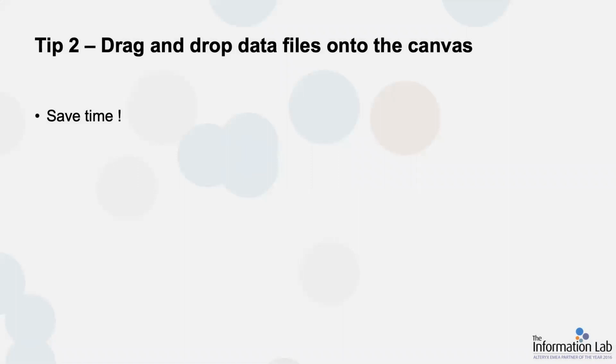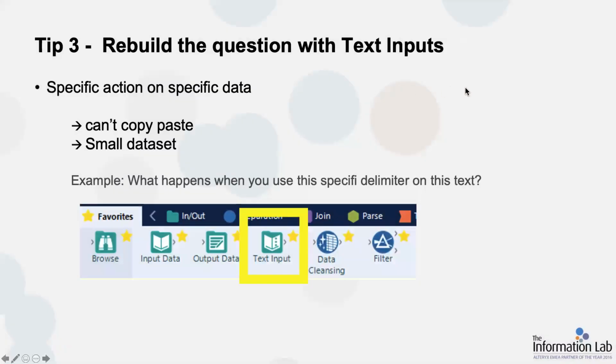And the last one is really a good one, because in the question you will have to do a specific action on specific data. In the exam you will have an image, so you cannot copy paste, but it's a really small data set. So you can rebuild the question with the Text Input tool.